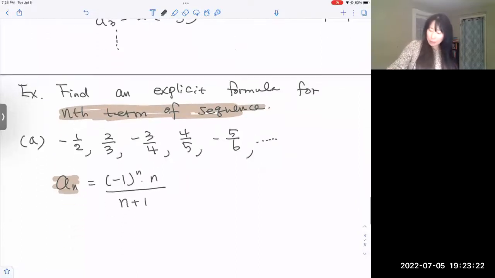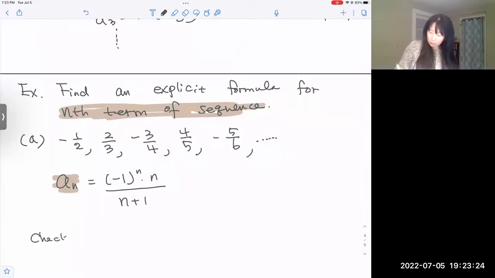Okay, let's check that. So n equal to 1, then that's negative 1 over, oh, it's a 2, right? Good.